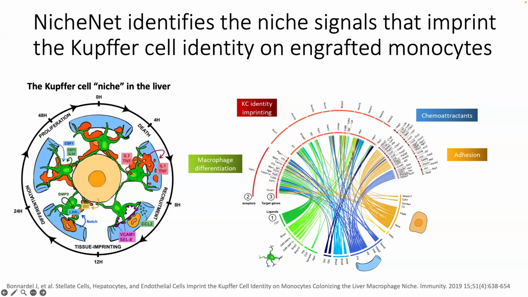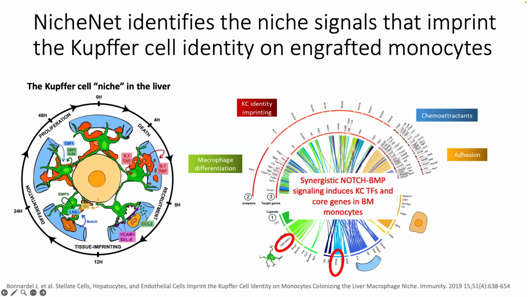And then we have the hepatocytes who mainly induce kind of chemoattractant and adhesion signatures here. So basically, you can see which kind of interactions have which functional effect on these monocytes as they are kind of imprinted by the tissue environment to become Kupffer cells here.